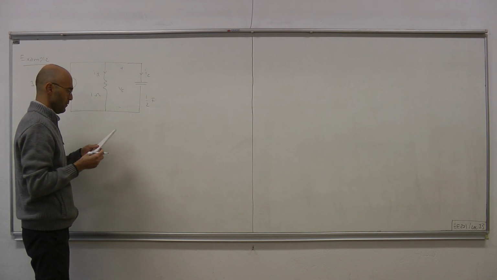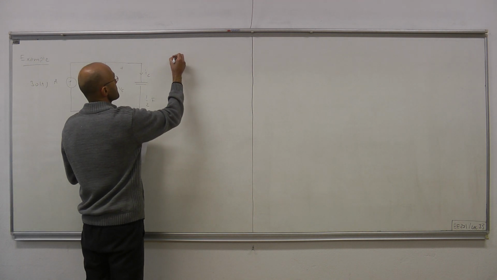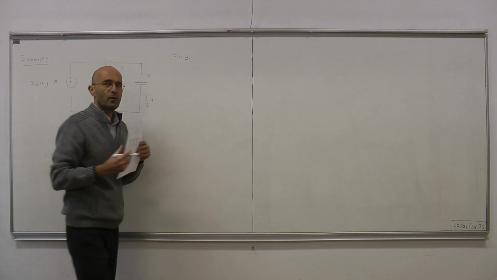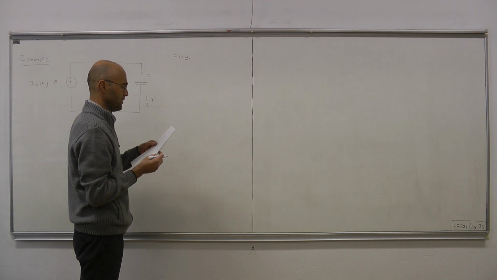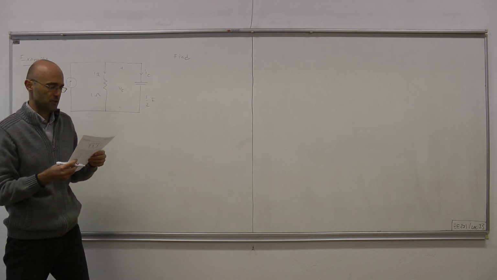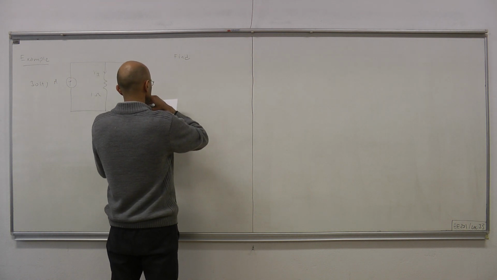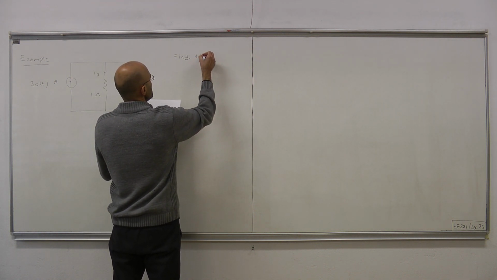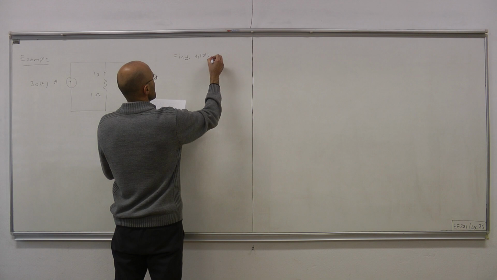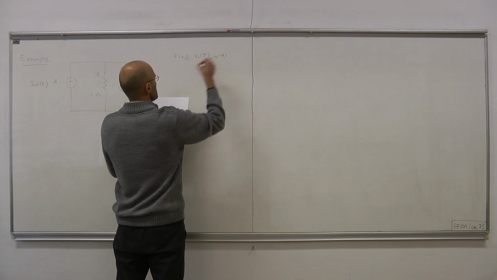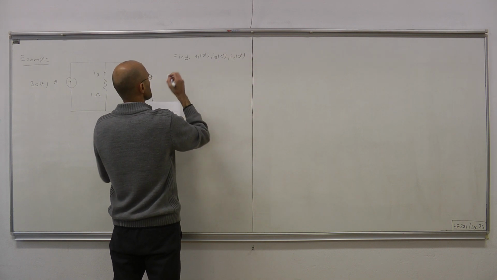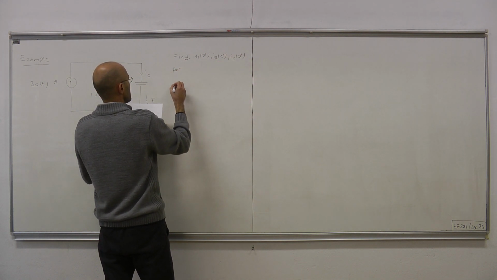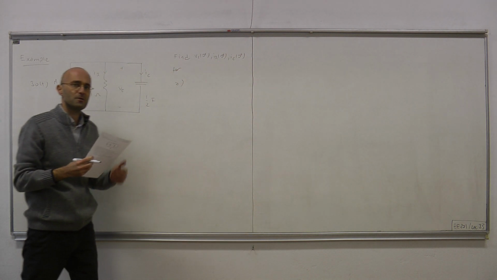And we're asked to find the following quantities at time 0 plus. Find VC(0+), IR(0+), and IC(0+) for the following two cases.